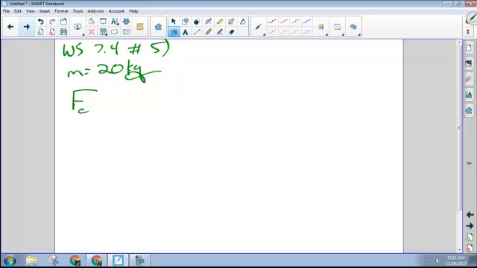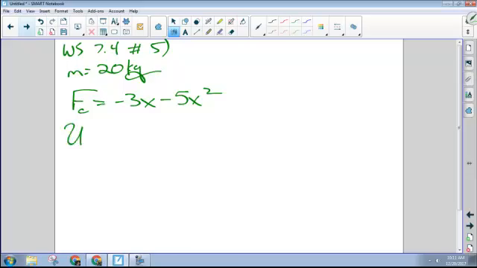All right. And it tells you that it's negative 3x minus 5x squared with F in newtons and x in meters. It says take the potential energy associated with the force to be negative 55 joules when the object is at x equals 0.